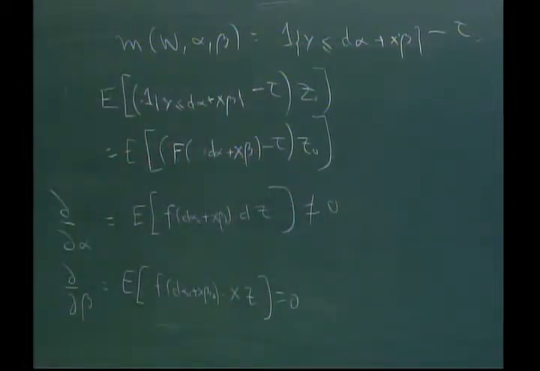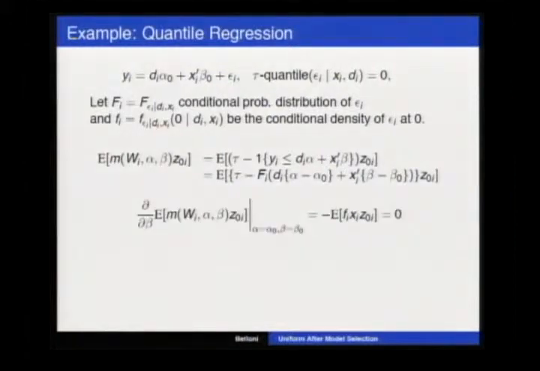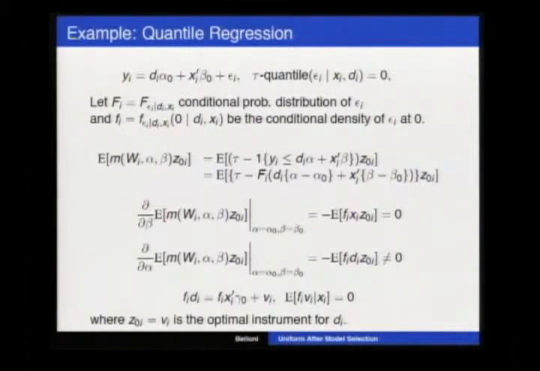So that's what these conditions are doing here. I need my instrument to be orthogonal to the regressors weighted by the density of y, but correlated with the treatment weighted by the density. Well, again, a regression equation shows up.